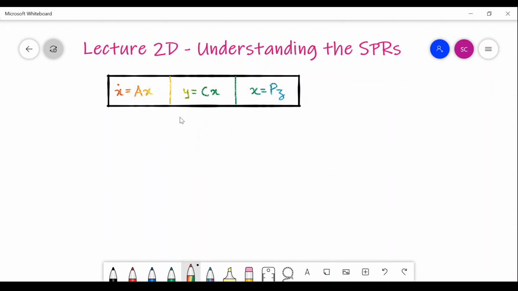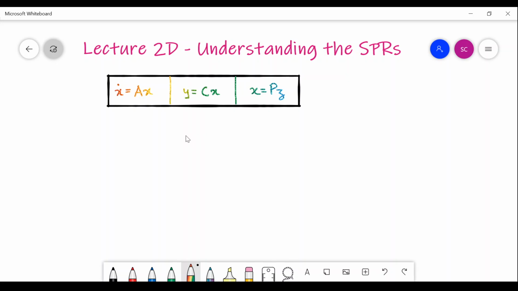So today we will try to understand the state space realizations based on our understanding of the mathematical aspects of vector spaces and matrices, that we discussed in the previous lectures.